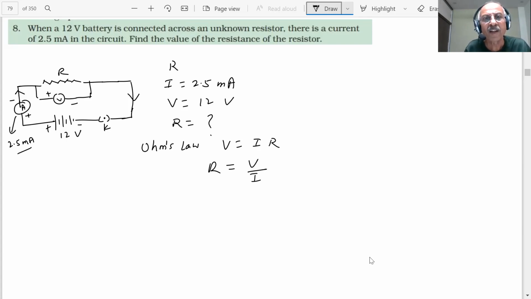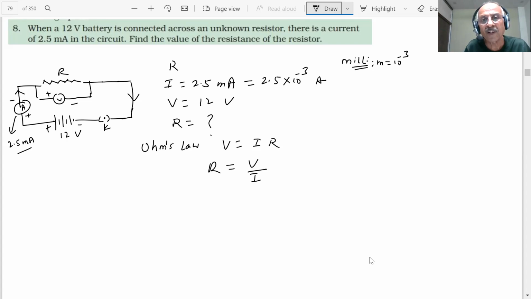You need current in amperes. How many amperes will it be, students? What is a milli? This is milliampere, student. M, that is 10 minus 3. So 2.5 into 10 minus 3 amperes, students.